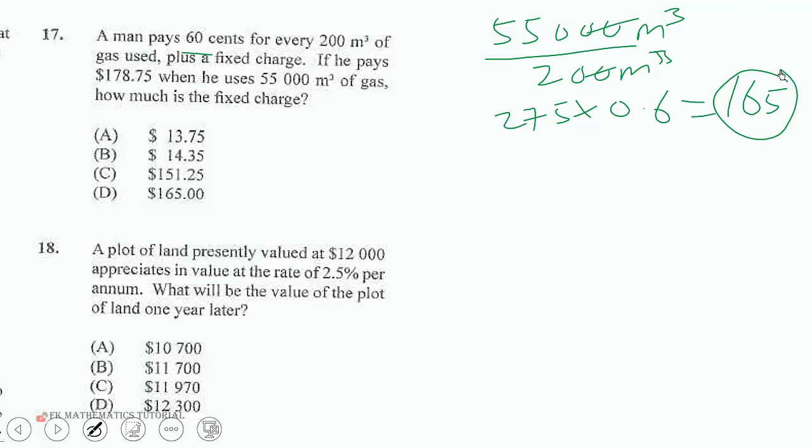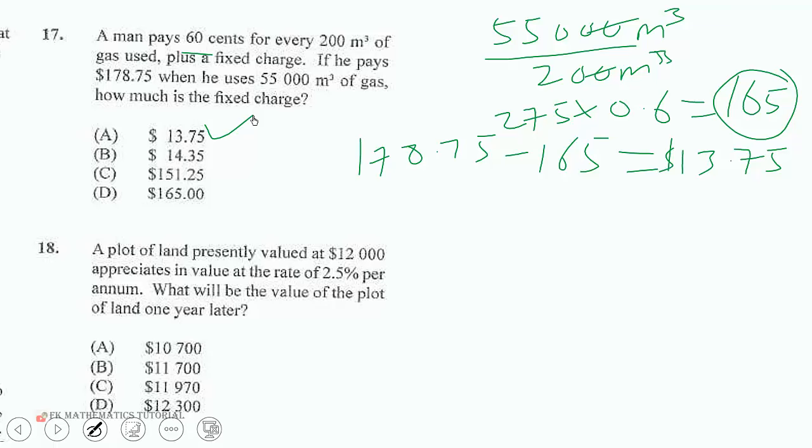So to get the fixed amount or the fixed charge, you take away 165 from $178.75. So minus 165, and that will give you 13.75. So the correct answer is option A.